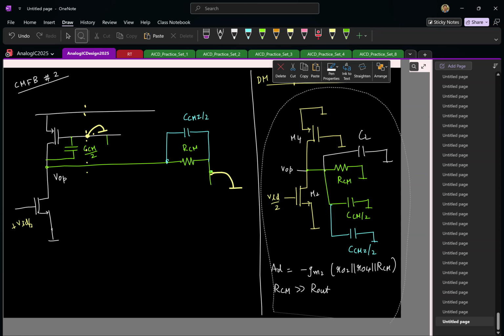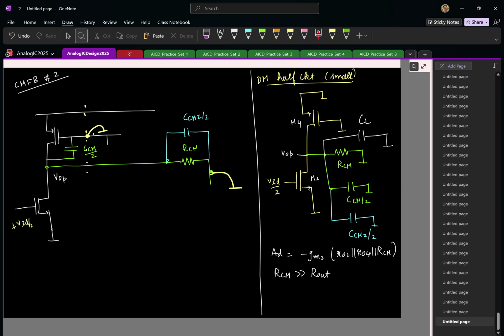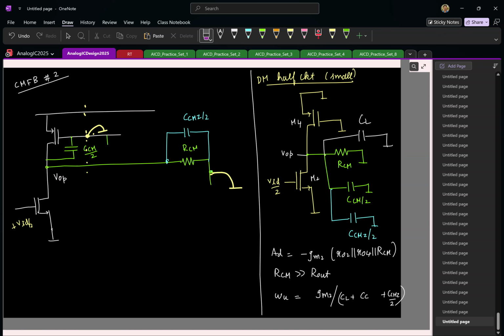Yeah, DC gain and the pole location. So what will that come out as finally? GM2 by what is the total capacitance? CL plus CCM by 2 plus CCMZ. Yeah, thank you. Again, if I make a mistake, you know why I'm making the mistake.